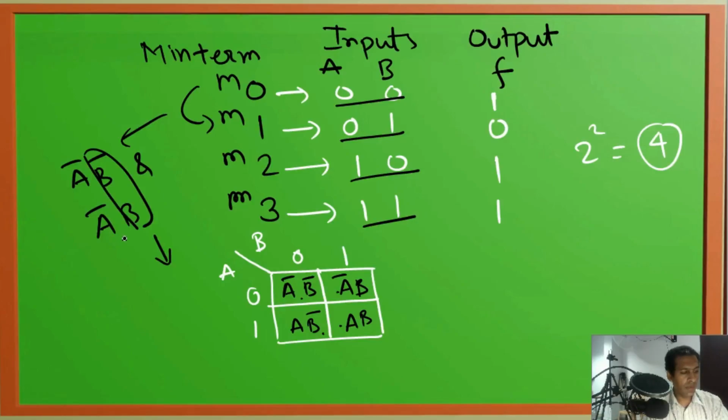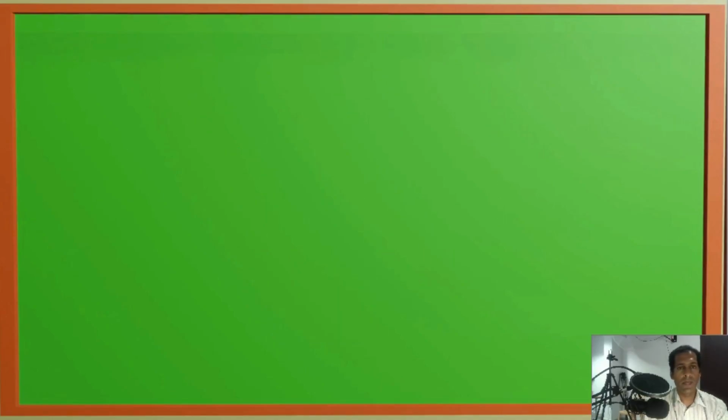So the possible minterm grouping we can form, suppose if we combine m0 and m1. Say we have some function, for example, f1 is equal to m0 plus m1. That means these values are high, 1.